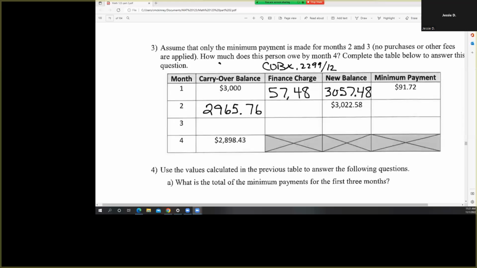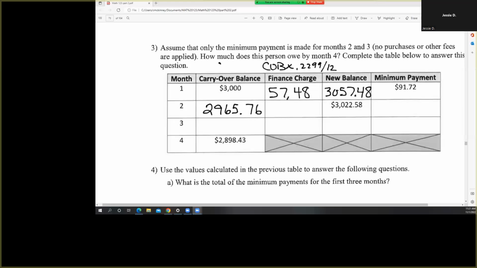So 2965.76 times the 0.2299 divided by 12. And when you get an answer, guys, it should seem reasonable compared to what we have so far.